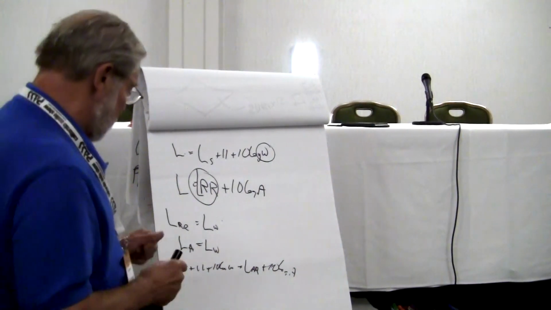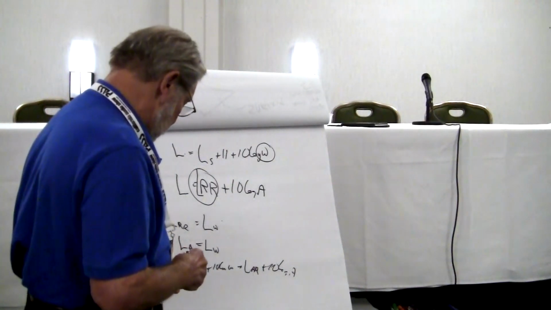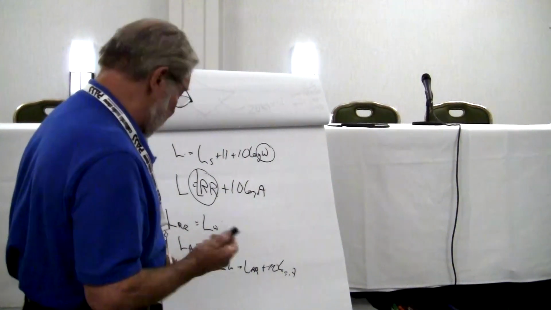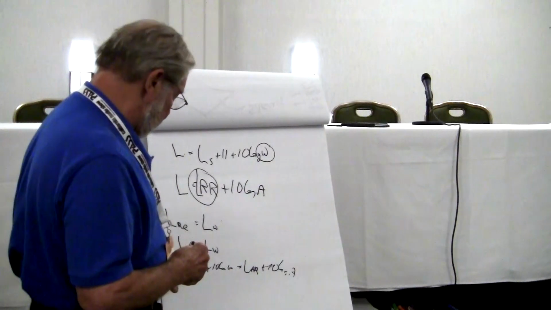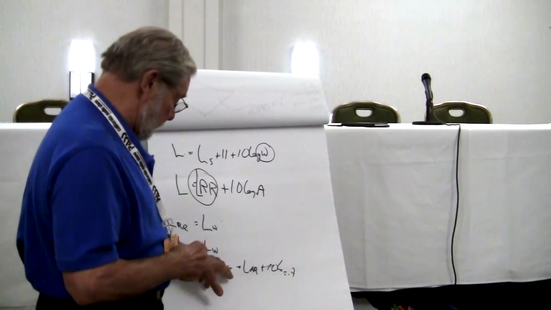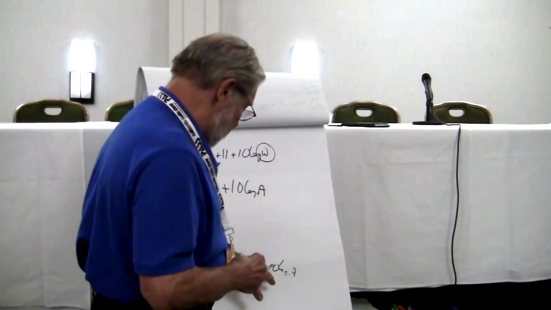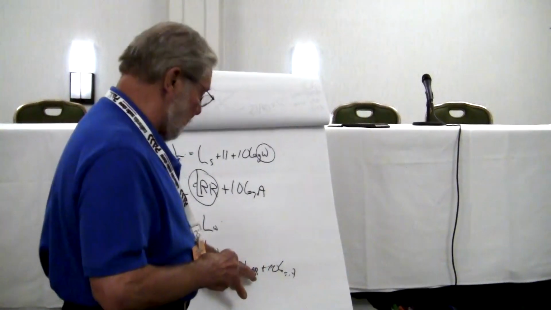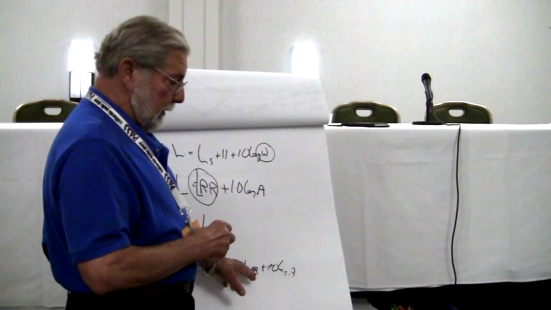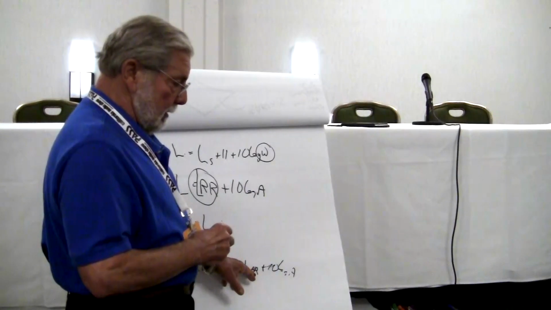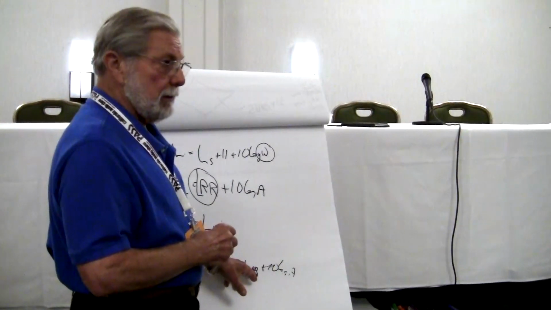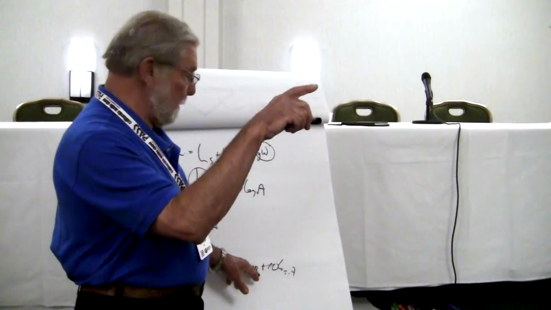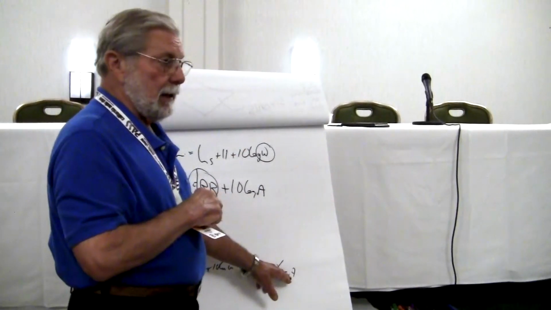But if we used the same speaker we've been using, 85 dB here, 2 watts here, and we let the running reverb be something like 90 dB, we calculate the A in the room.